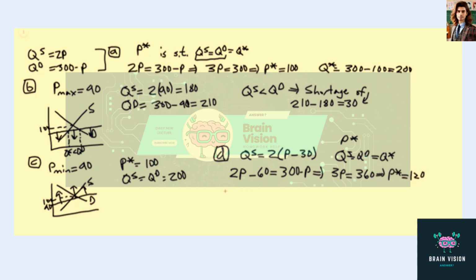And then in the exact same way as in part A, I'm just going to plug in this P star to either of the two equations. This time I'll do the supply equation. And so we'll have that Q star equals 2 times 120 minus 60. And that will give us 240 here minus 60. So we will have equilibrium quantity of 180. And this is true for both the quantity supplied and the quantity demanded.